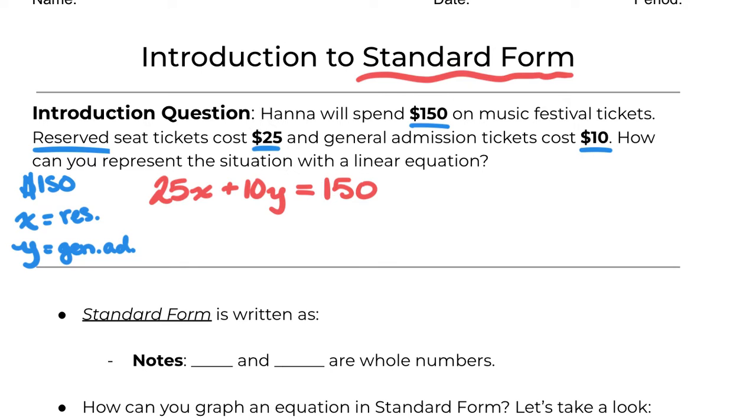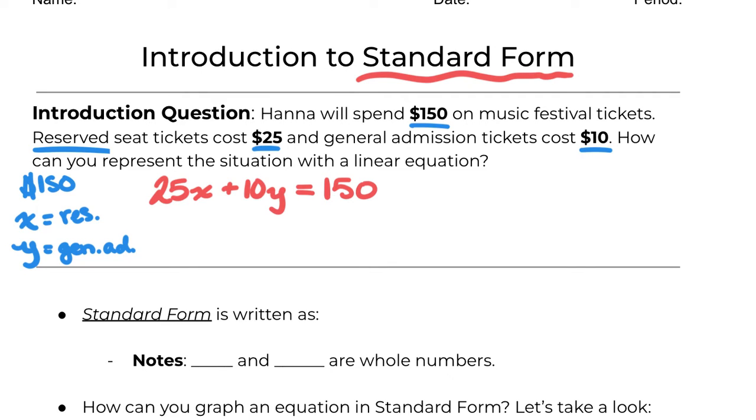25 times 3 is 75, so 75 plus 10y equals 150. We'll subtract 75 from both sides and get 10y equals 75.